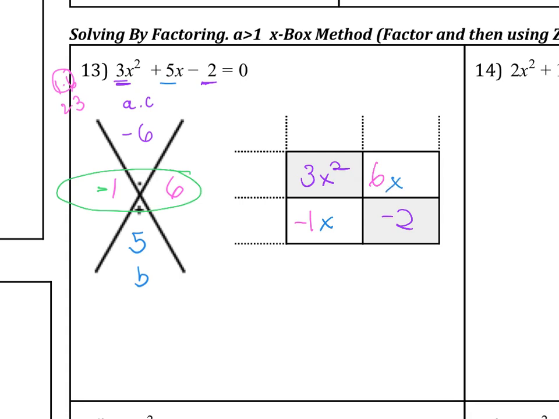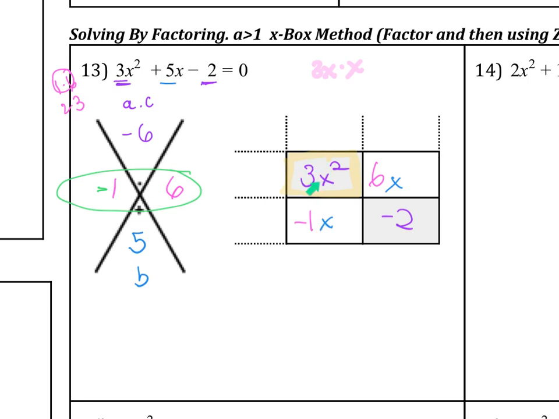So what we do is we start with this box here. What factors make 3x squared? Well, 3x squared is 3x times x. Now we have to think about where the 3x goes. That's the one that has a coefficient, so that's the one that's going to affect other things. We look across, and then we look down.